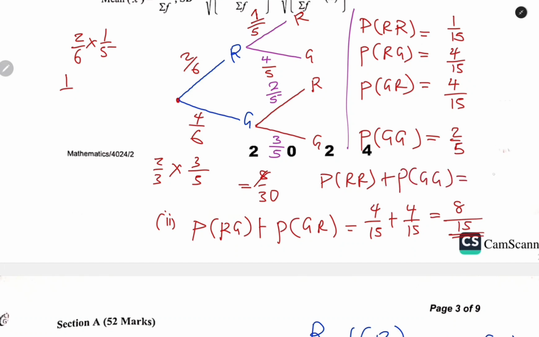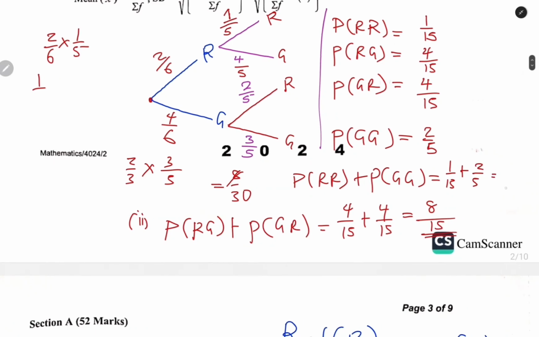And of course, on top we have 1 over 15 plus 2 over 5. Lowest denominator here is 15. So 5 into 15 is 3, so plus 3. So we're going to have 4 over 15, if not mistaken.